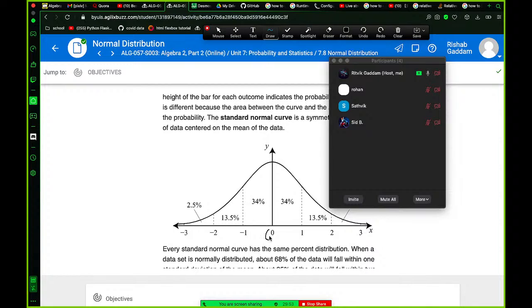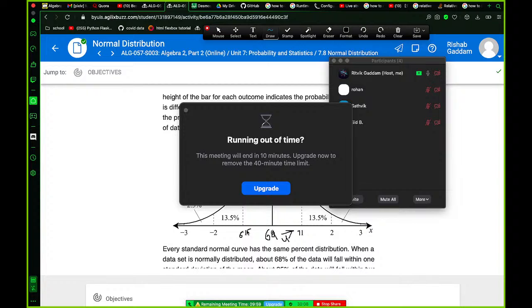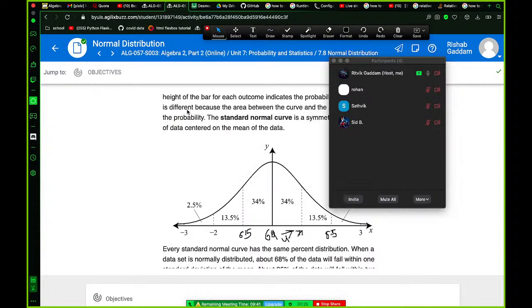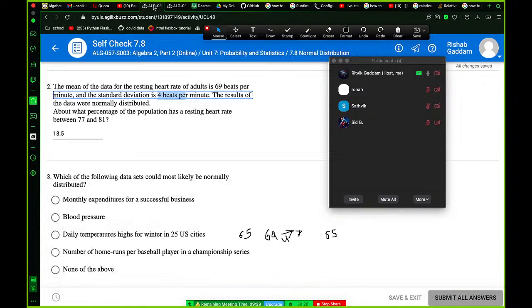The mean is 69, and the standard deviation is 4, so this becomes 71 and 65. And this is 85, something close to that. And that's basically how you do it.